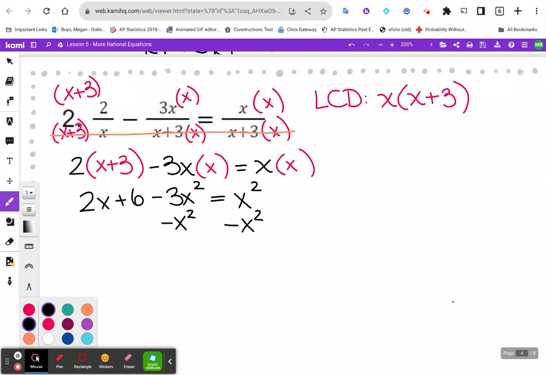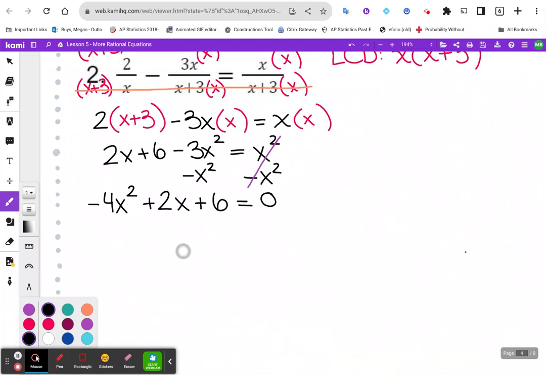And in that same step, to make my life a little bit nicer, I'm going to rewrite this in standard form. So I will have negative 4x squared plus 2x plus 6 equals 0, which so far makes sense.